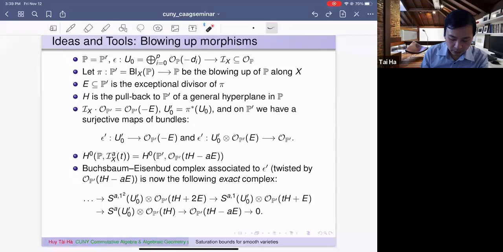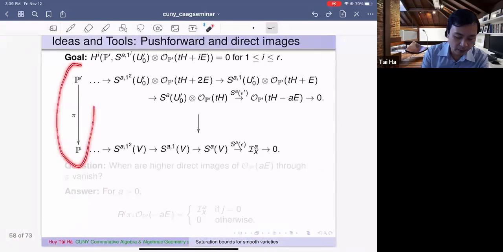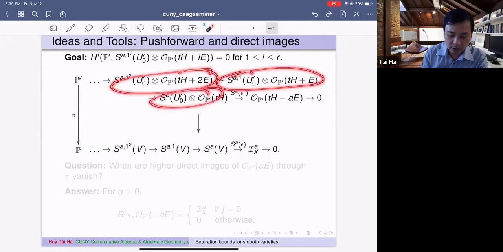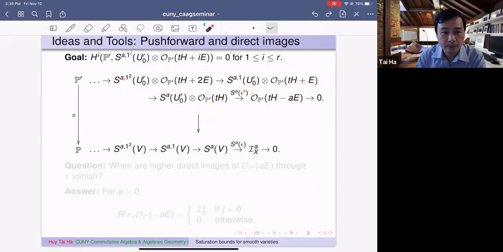To go back down, so this is the blow up, one needs to really see what happens to all these terms when we push down through pi.